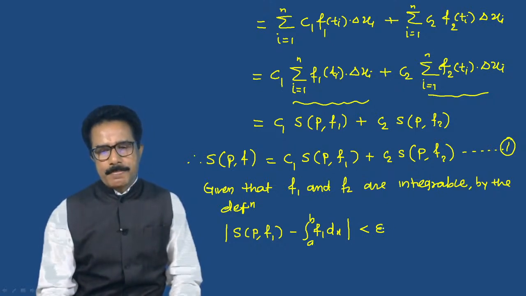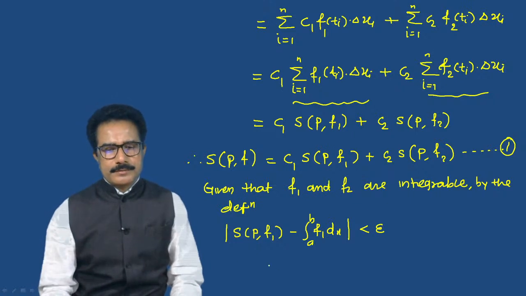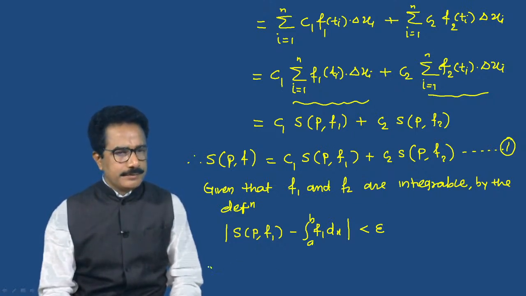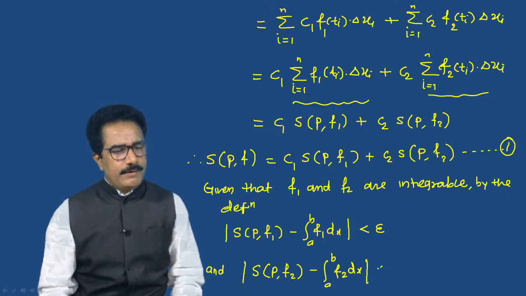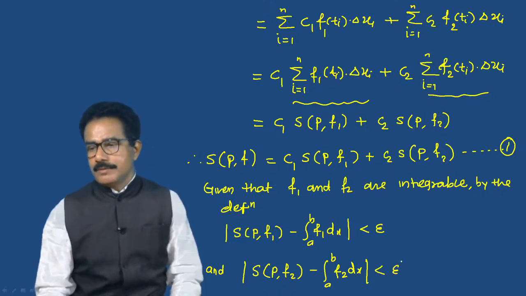And mod of S of P comma f2 minus integral from a to b f2 dx, which is less than epsilon.